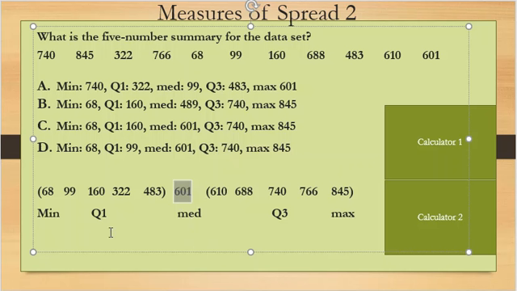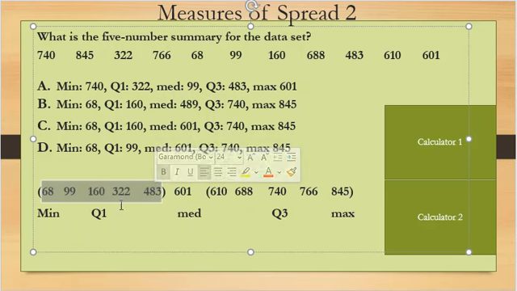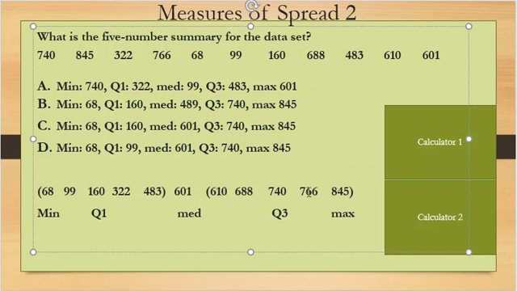And for finding your quartile, you're going to put parentheses around the numbers prior to the median and parentheses around the numbers after the median. And then to find your first quartile, you're going to look for that middle number. Again, if there's an even set of numbers in the parentheses, you're going to take the two middle numbers, add them together, and divide by 2.